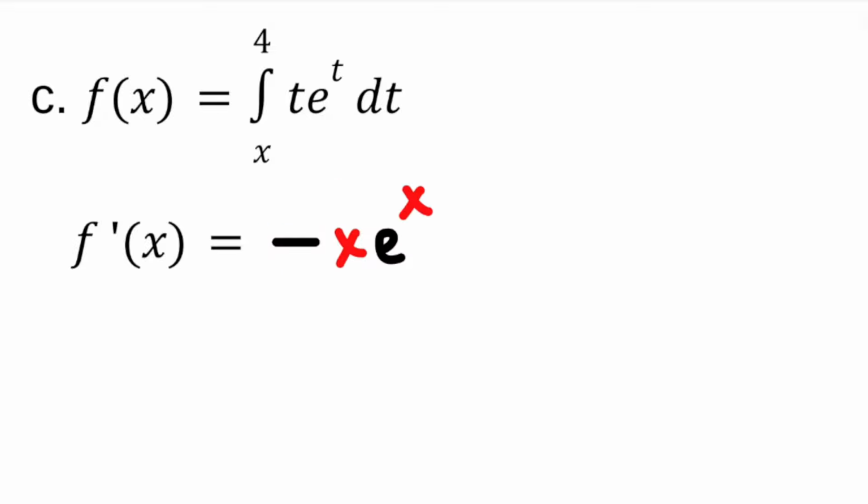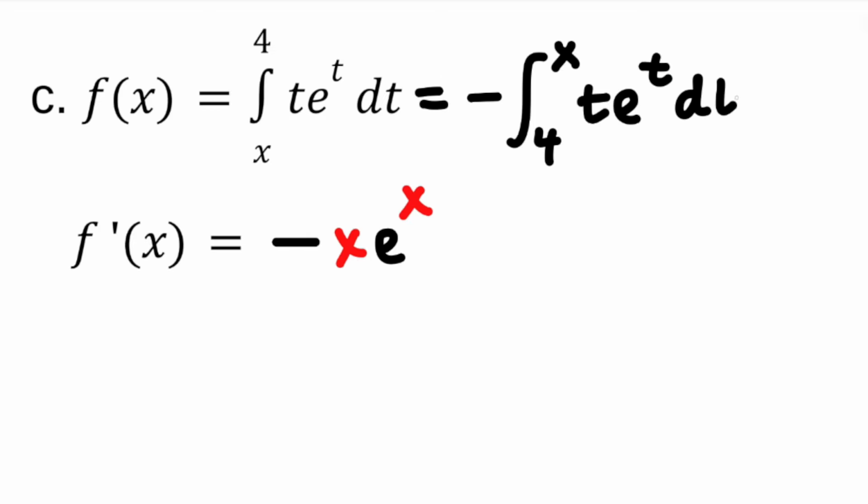Okay, like that. And if you were to see it, I could just go ahead and say that this is the same as the negative of the integral from 4 to x of t to the t dt. And so if I took the derivative of that, it would definitely have to be negative x e to the x.